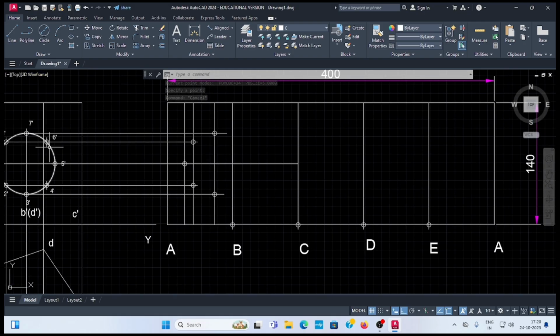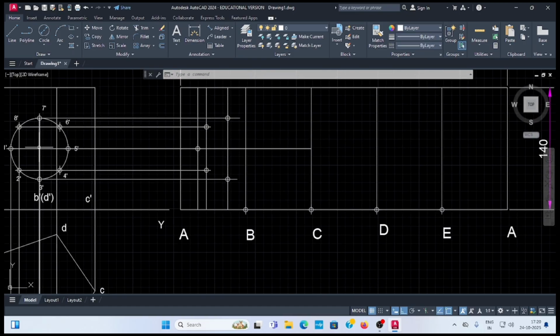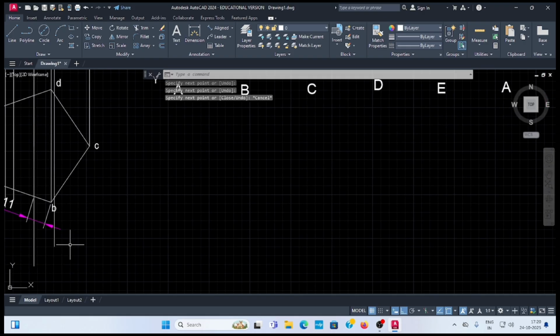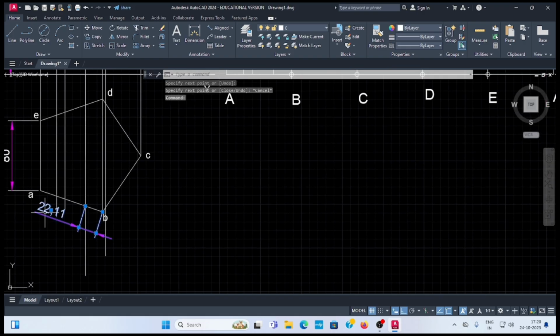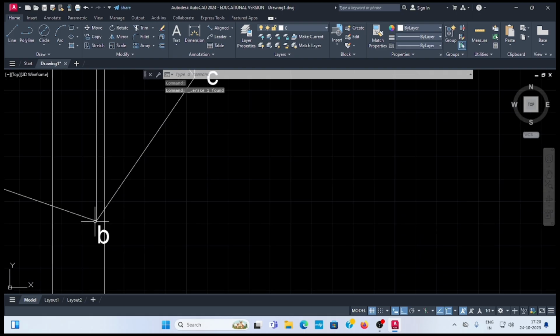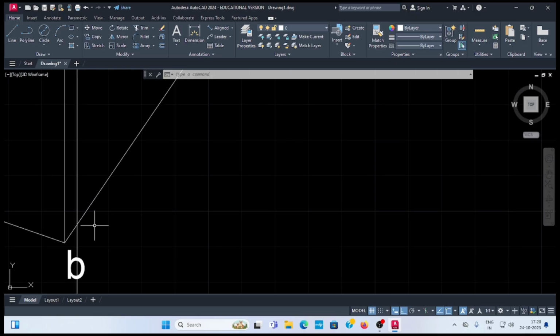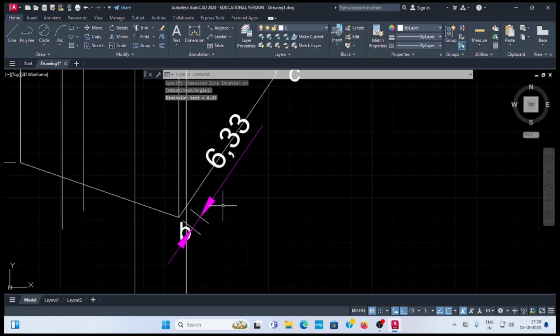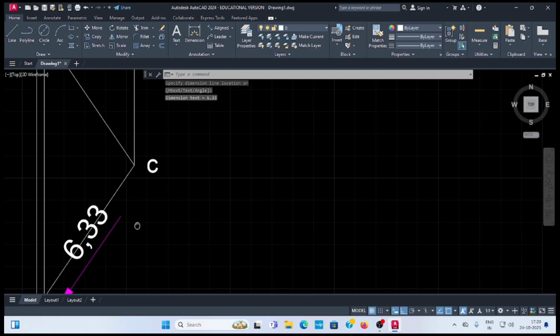Next, same like this, 6 dash and 4 dash. Next point. From 6 dash and 4 dash, I draw one line. I delete this one. Okay. From B to this right side, how much? Go to aligned dimension from B corner to this side, 6.33.